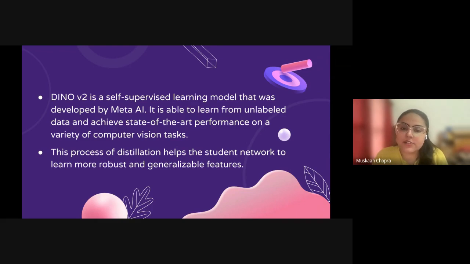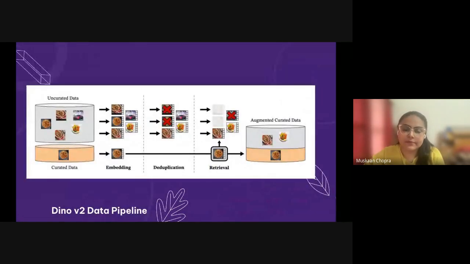This technique encourages the student network to learn to interpolate context from a small crop of an image. Centering and sharpening help to prevent the student network from collapsing into a single mode. And contrastive learning helps the student network to learn to distinguish between different types of images, either similar or dissimilar, based on the contrast between them.